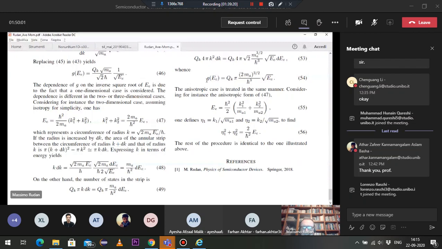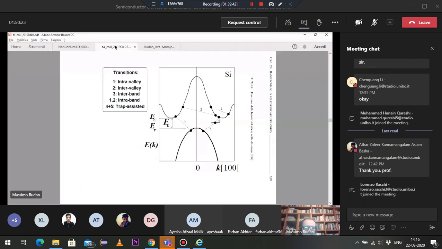So this is the general expression of the density of states in 3 dimensions. There is still a little complication, but I'm going to show it in these slides.